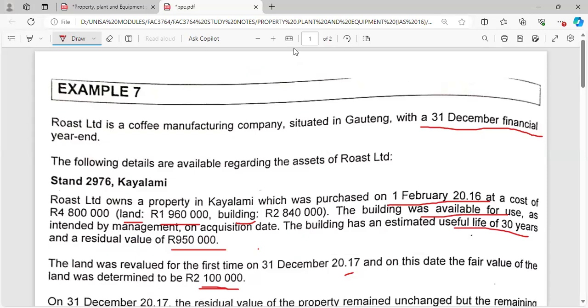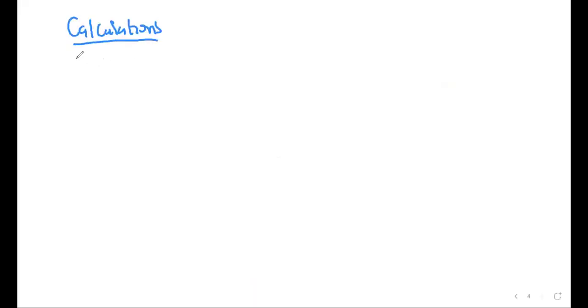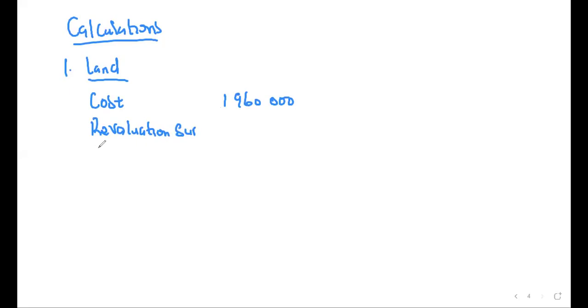So in the calculation for the land, we're going to have the cost of the land, which is 1,960,000. Then the revaluation surplus. Then we need the carrying amount.